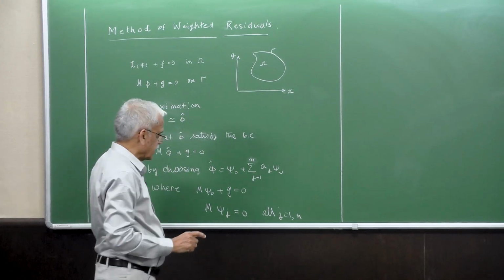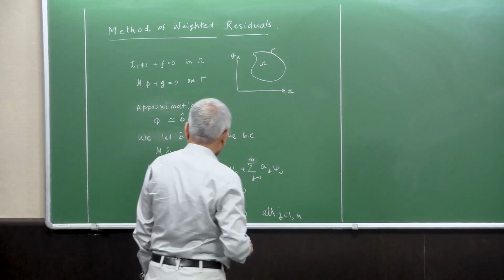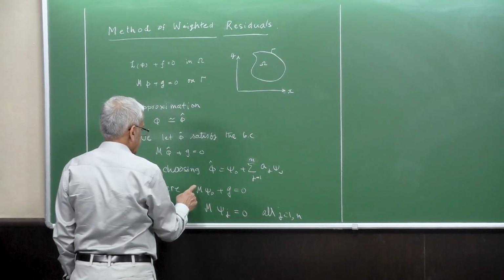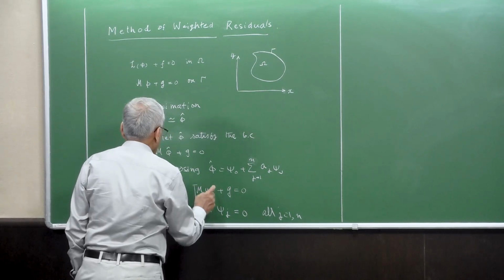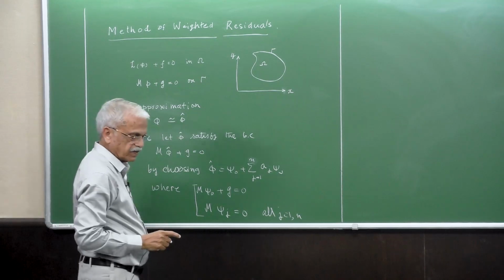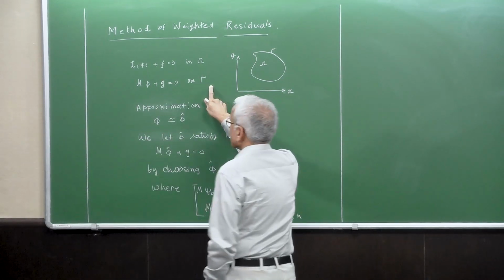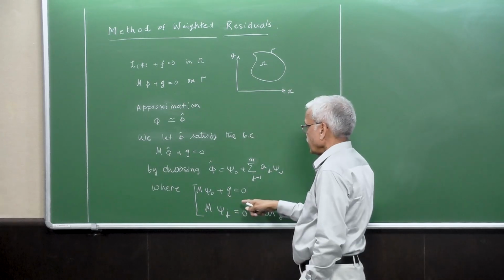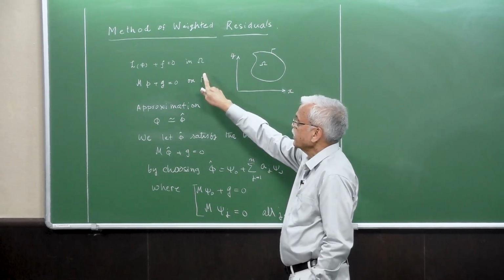So, as we have seen in the morning, by choosing psi naught and psi j in this manner, we are satisfying this identically. The boundary conditions are satisfied completely.